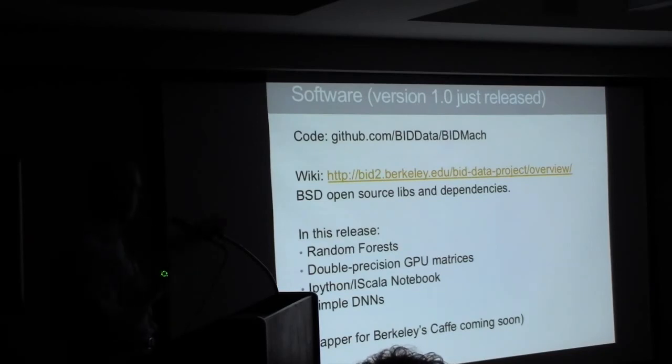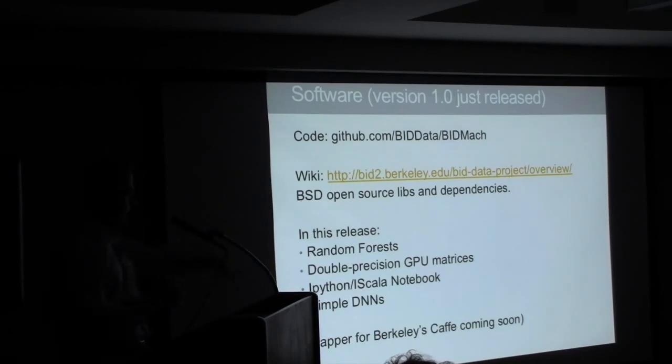As far as I know, it's unique in that it is able to process mini batches of data up to very large size. It doesn't have to pull the data into memory. We added double precision support. We have an iScala notebook, which is similar to IPython, but allows you to use the interpreter in an interactive framework. We're gradually adding some simple deep learning support.